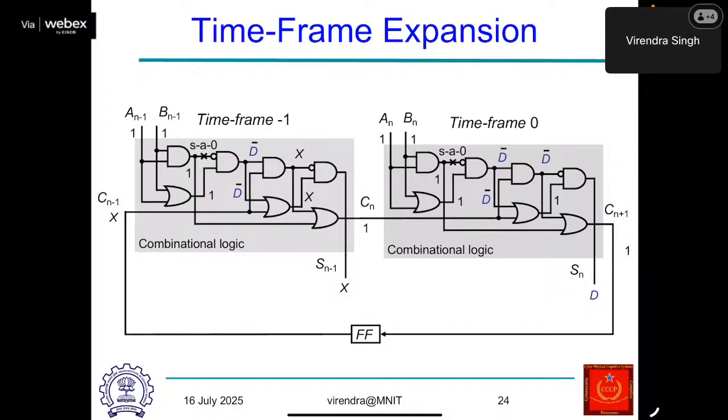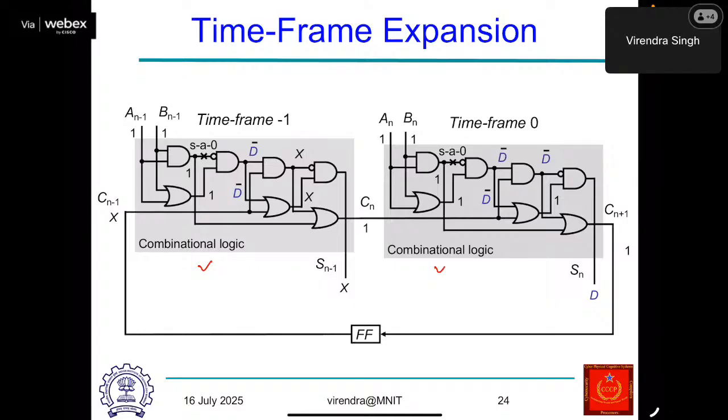I have one copy of the circuit, the output of that copy will go to the next copy of the circuit, and then the output of the next copy will go to the flip flop, and this will keep on going. So I can expand in 2 times, in 3 times, in 4 times, because these are the equivalent behavior of the circuit.